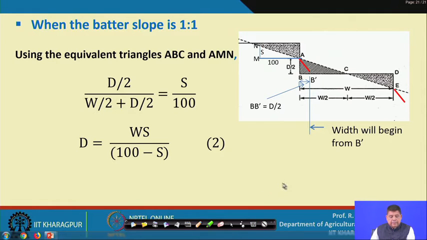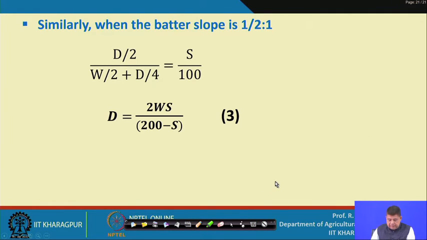Similarly, when the batter slope is half is to 1, in this case this will become D by 4. So, it was D by 2 and now it is D by 4. Earlier it was not existing in the vertical case.